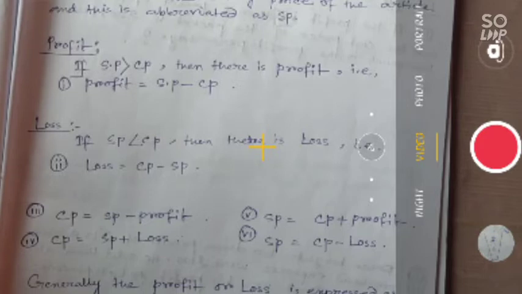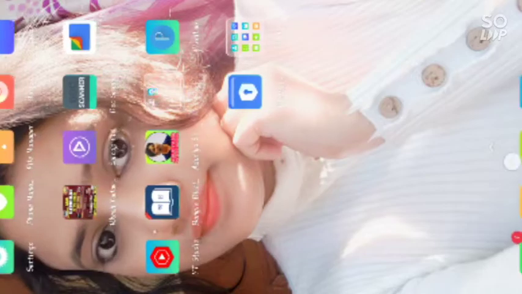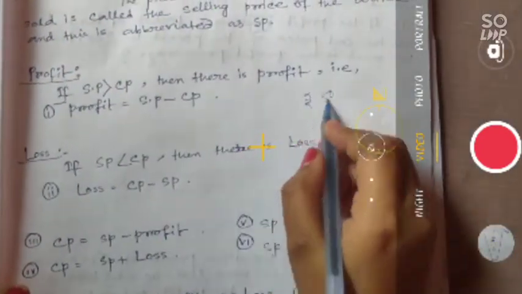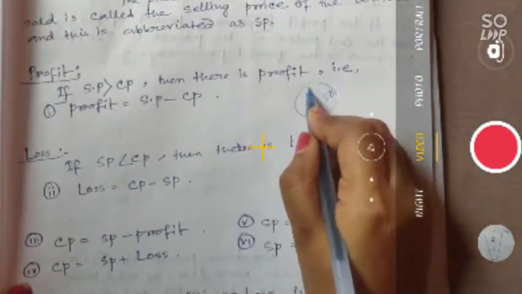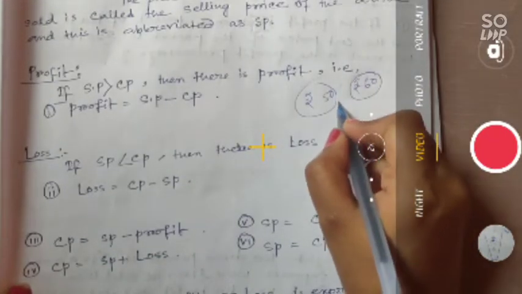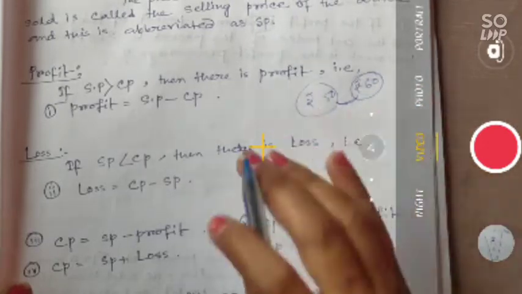Why? Yes, very good. So I said that I bought oranges at 50 rupees and sold them at 60 rupees. That means here we can see, which one is greater, selling price or cost price?